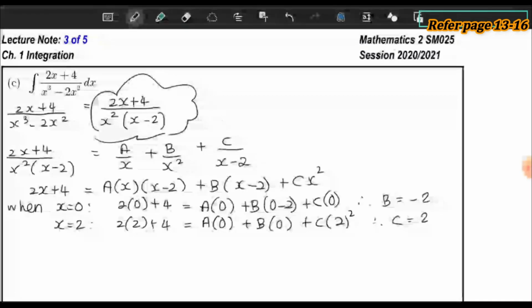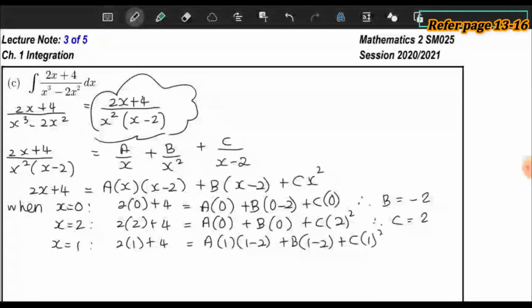And the last one, you can substitute any value of x. Let's say I want to substitute x equal to 1. So we will get 2 times 1 plus 4 equal to a times 1 times 1 minus 2 plus b times 1 minus 2 plus c times 1 squared.